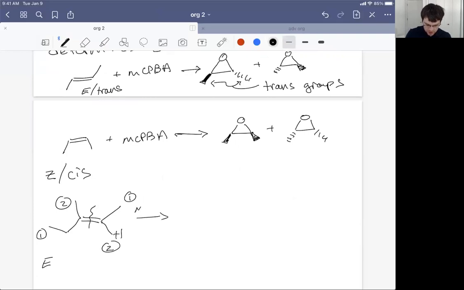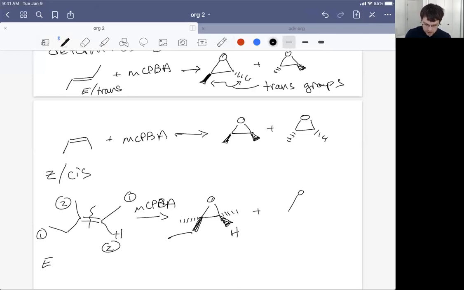If we react this with MCPBA, what we see is that the ethyl group and the methyl group must remain on opposite sides of our epoxide. That is, if I have my epoxide with an ethyl group out, the methyl group on the same carbon must also be out, but the hydrogen must be on the same side of that ethyl group, which is opposite of the methyl group.